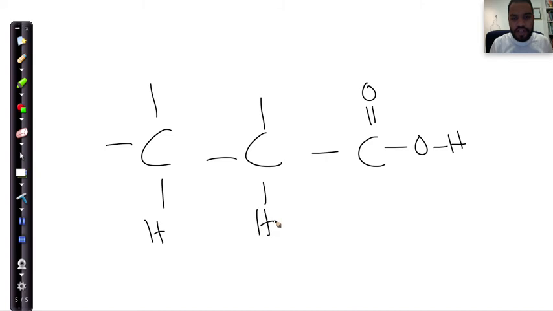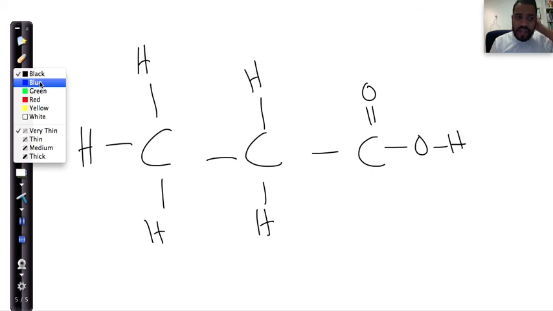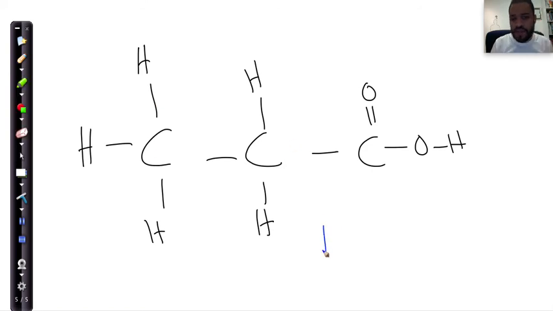Hydrogen atoms on the rest. As you can see, we've got 1, 2, 3 carbons. 3 carbons gives me prop. There are single bonds between my carbon atoms, so I say an. And I've got a double bond O which is the carbonyl group plus the hydroxyl group. Together they give me what we call the carboxyl group, and that tells me it's a carboxylic acid, so the name must end in oic acid.